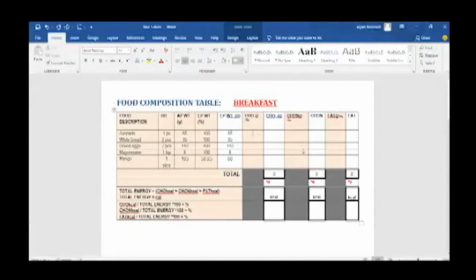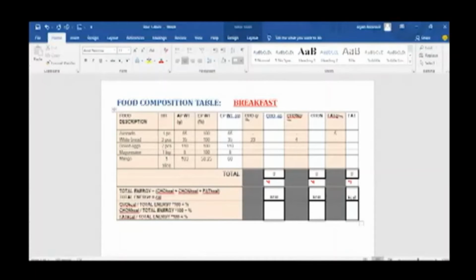So to fill this in, we base it on the food exchange list. Since avocado is one exchange of fat, one exchange of fat is 0 carbohydrates, 0 protein, and 5 grams of fat per 100 grams. For white bread, since it is rice C, 23 carbohydrates, 4 protein, and 0 fat. And for boiled eggs, which is a medium-fat meat, since there are 2 exchanges, it will be multiplied by 2.